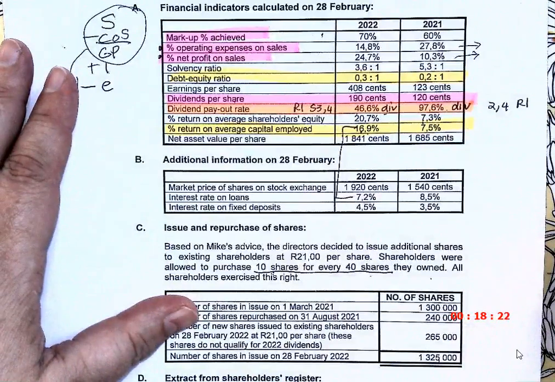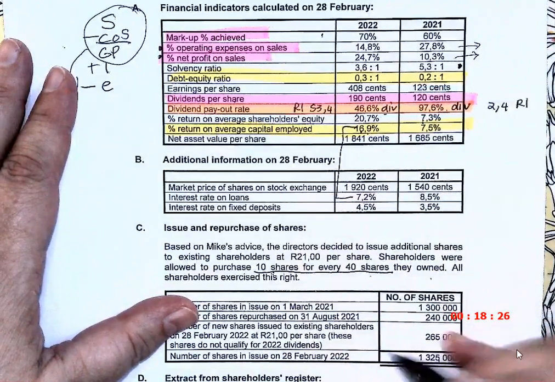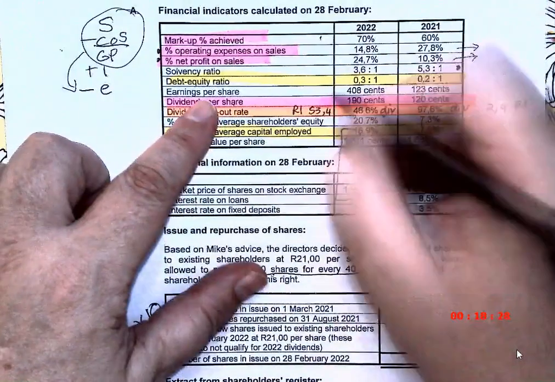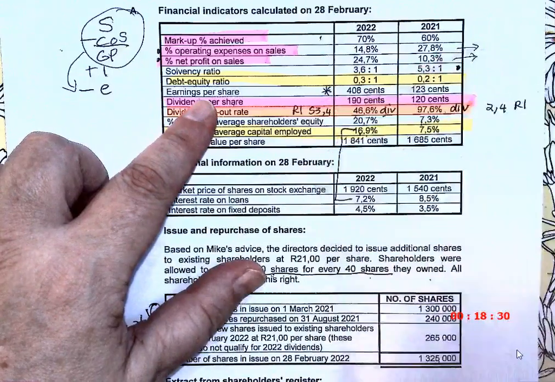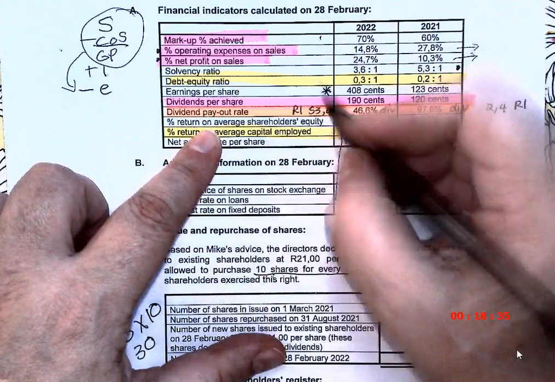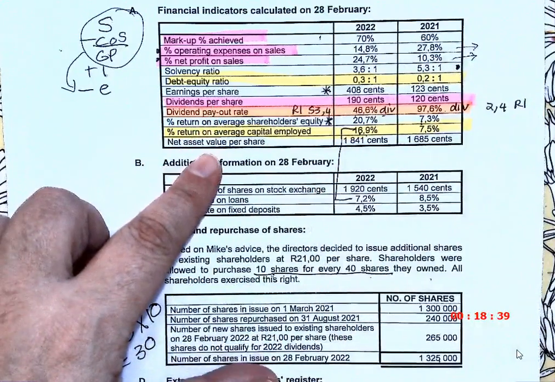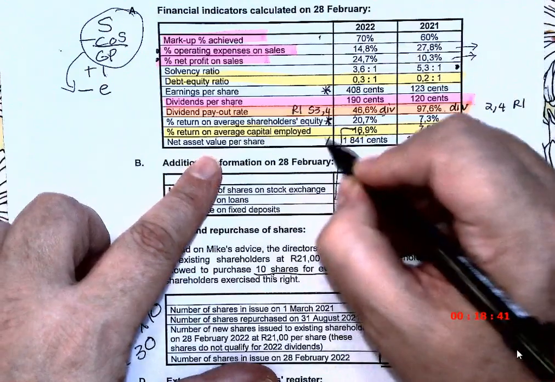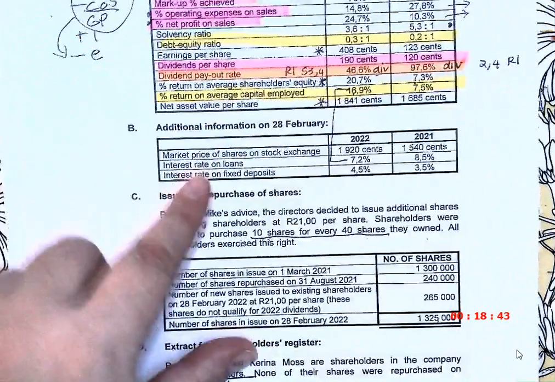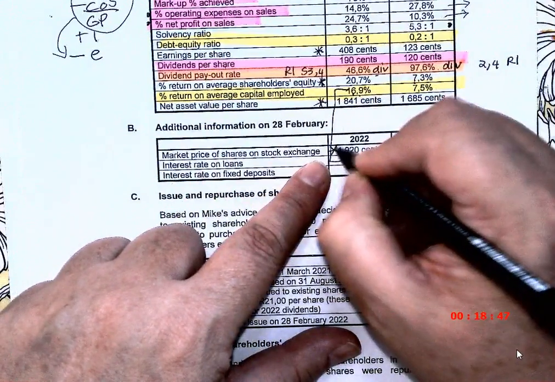Okay, solvency. I'm not going to quote solvency because it went down. I'm going to quote earnings per share. I'm going to quote ROSI. I'm going to quote NAV. And let's see if the market price, I'm going to quote the market price.